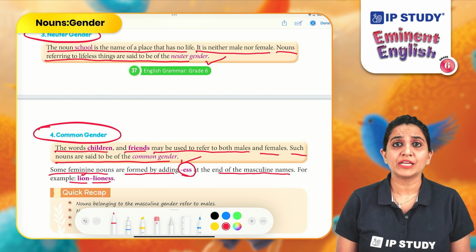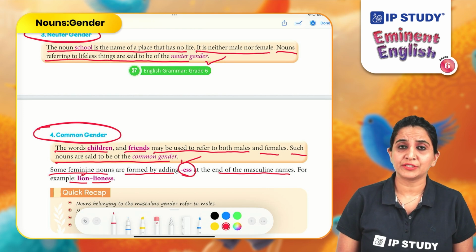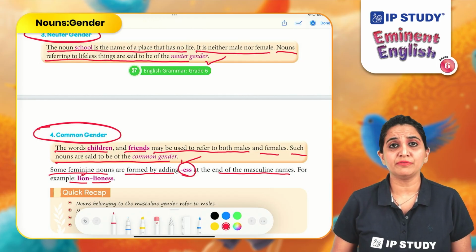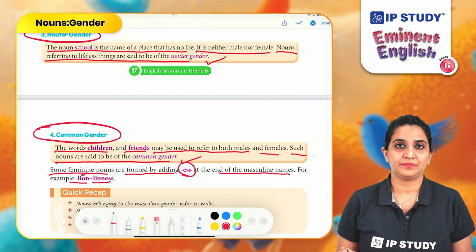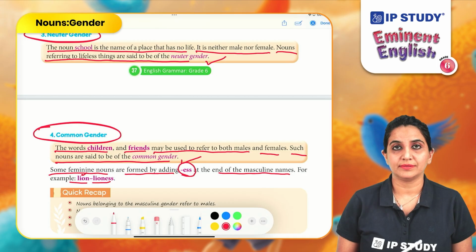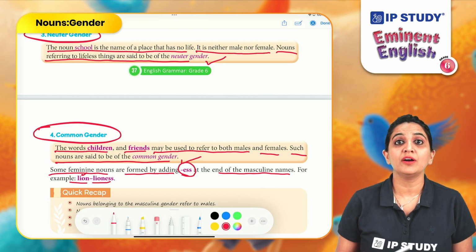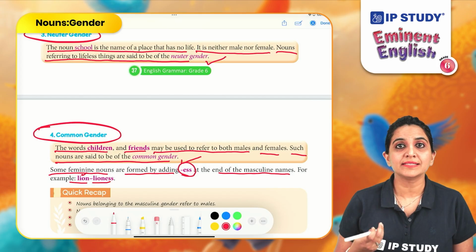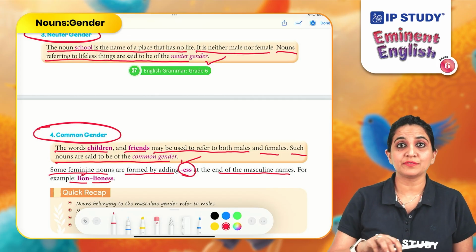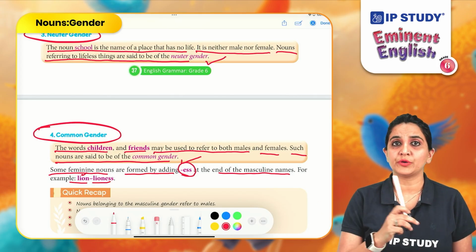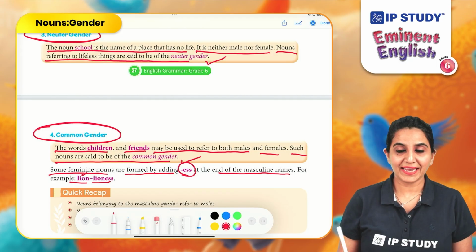Sometimes, while changing the masculine gender to the feminine gender, we change the whole word. For example, uncle. Uncle belongs to the masculine gender. The feminine gender of uncle is aunt. In this case, we have changed the whole word.